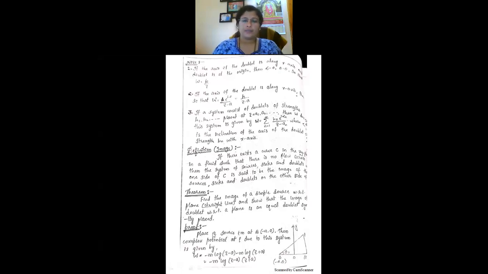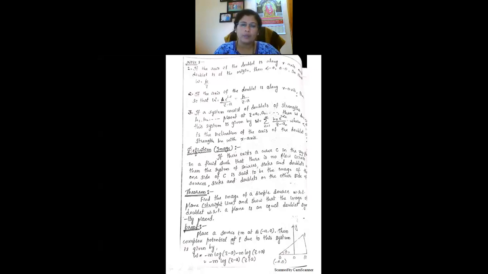First, place a source m at a point B of minus a comma 0. In this diagram, the source is kept at point B with coordinate minus a comma 0.